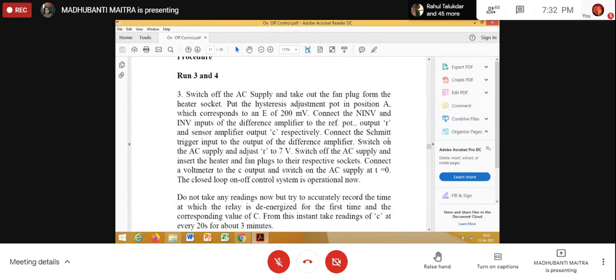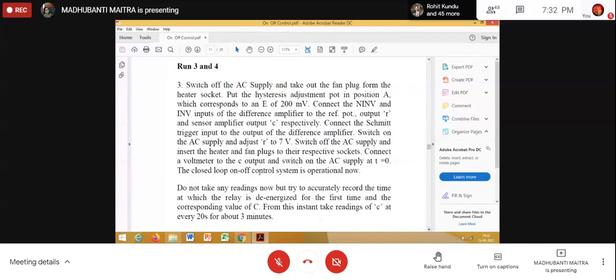Now we'll switch on the AC supply. Have you noted that now we are putting the heater plug in the heater socket and the fan plug in the fan socket? Okay. So switch on the AC supply and adjust the reference input to 7 volt.